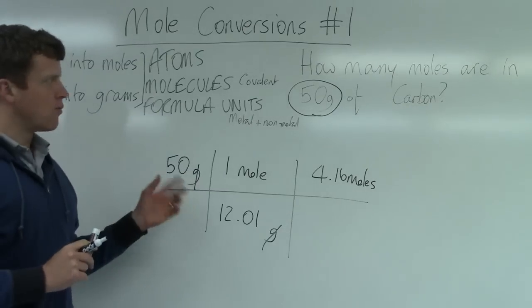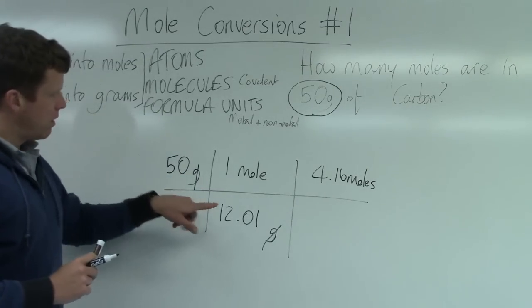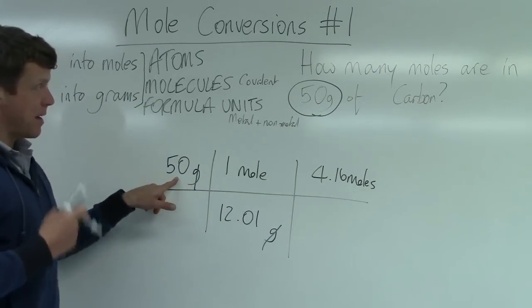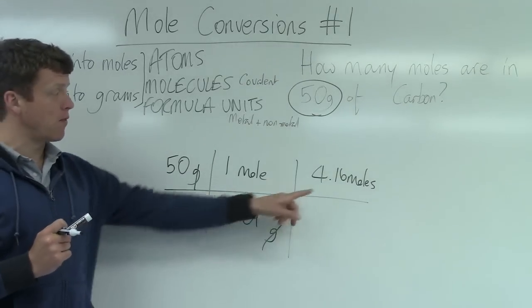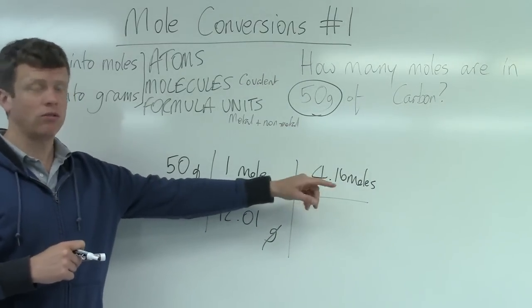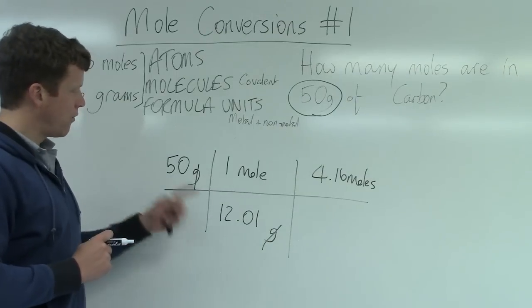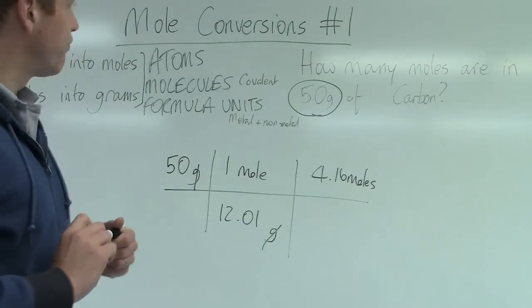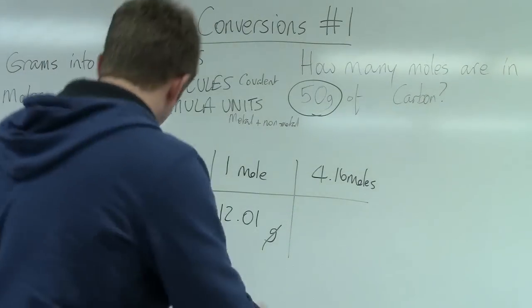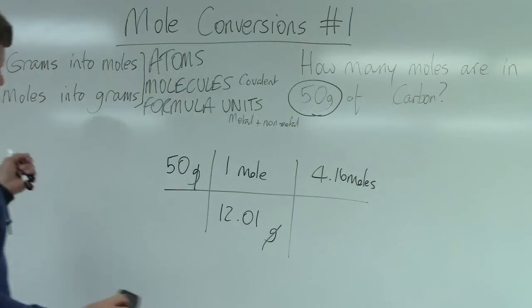So to get an idea of what your value should be, you should look at the mass of 1 mole and then the mass that you're converting, and 50 is obviously a lot bigger than 12, so I'm going to have a value of over 1, so 4 moles, and 12 goes into 50 4 times or so with a bit of change. Okay, so let's go over the reverse process, which is very similar.